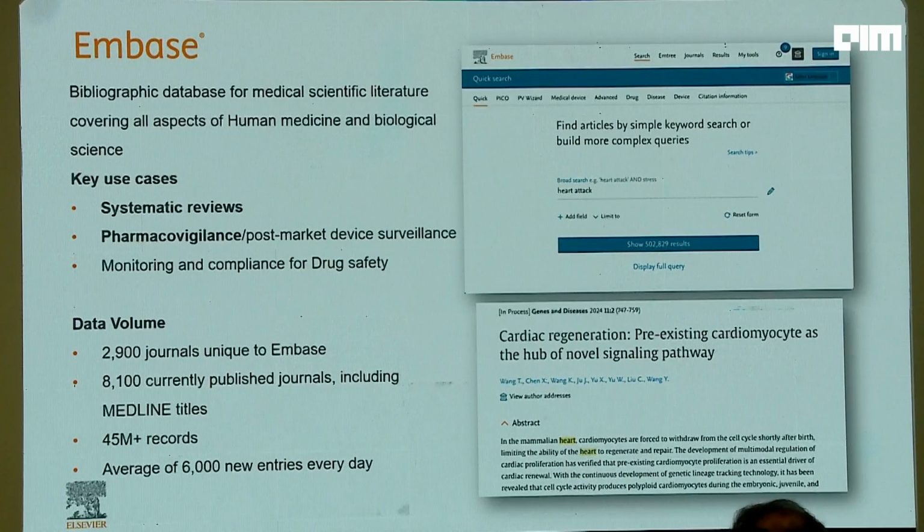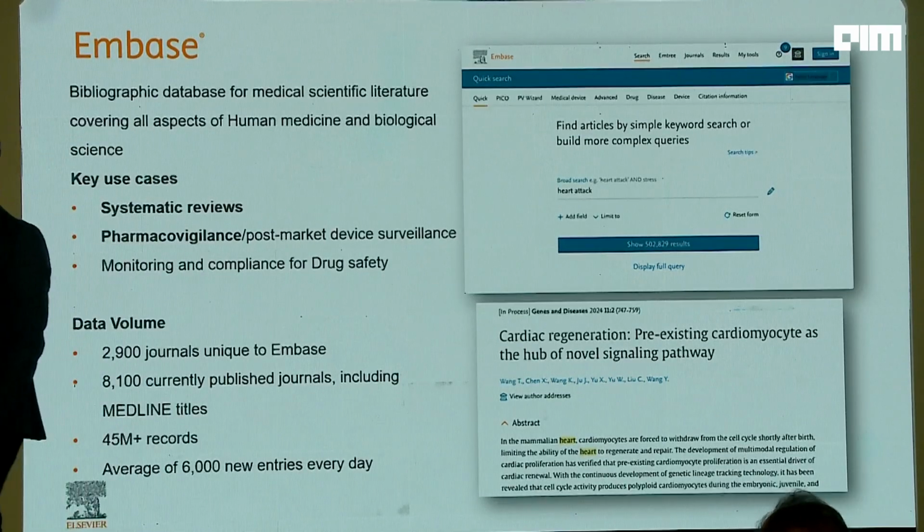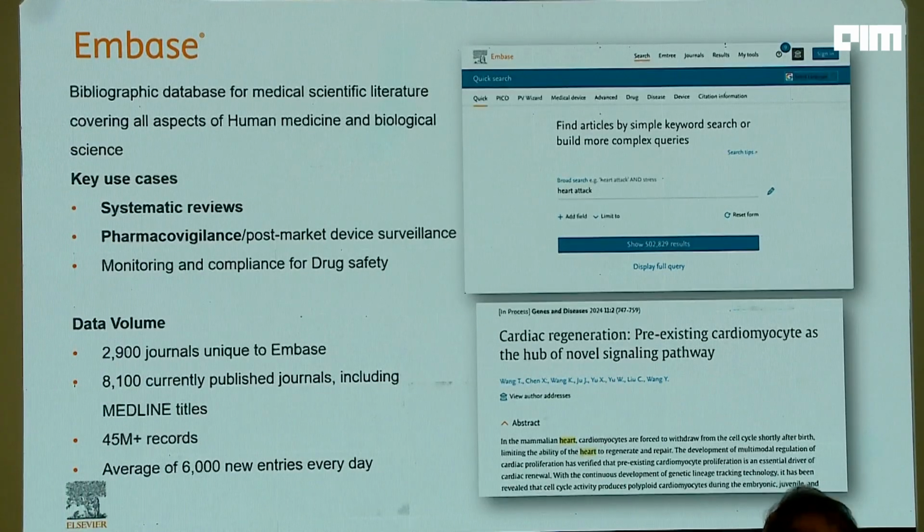If you see this small example on the right side, we have the term heart attack. When I search for heart attack, I see more than 500,000 results. This is powered by our index database, which finds all the documents or articles related to heart attack and also the synonyms, leveraging the taxonomies that Elsevier has collected and curated over the years. It's a big application.